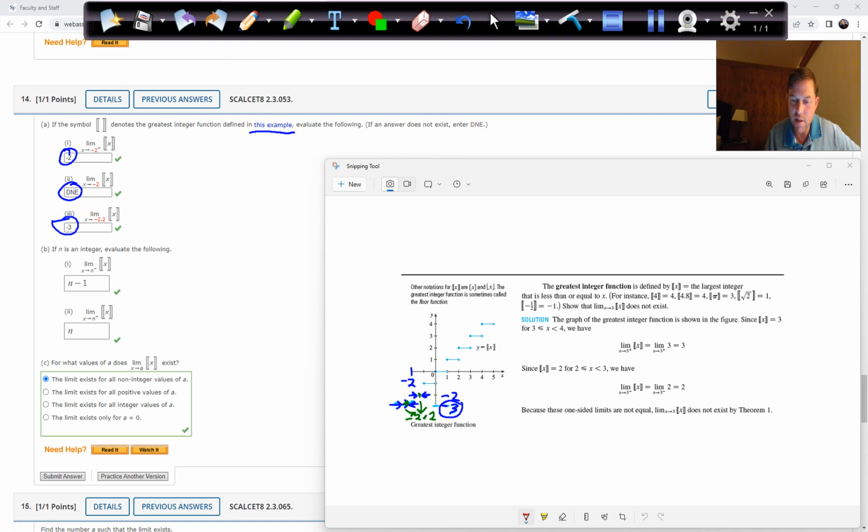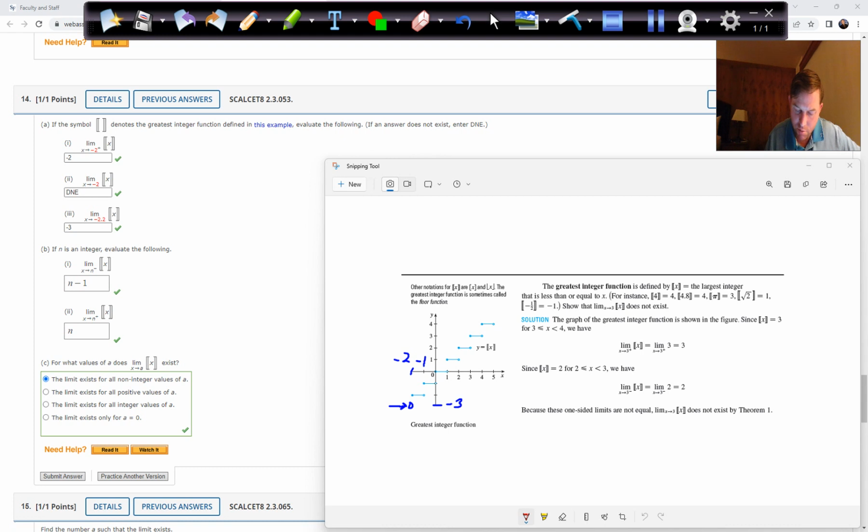Okay, so if you use that as an example, we can see that if you approach things from the left, you're actually on a number lower than that number. So let's just try to bring that home. So this is -2, this is -1. If I approach -2 from the left, I'm actually on the -3 line.